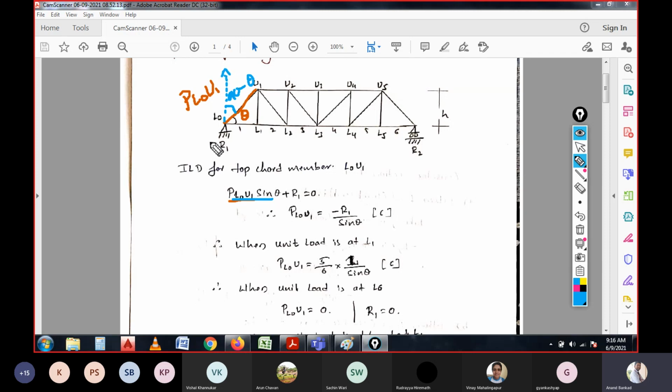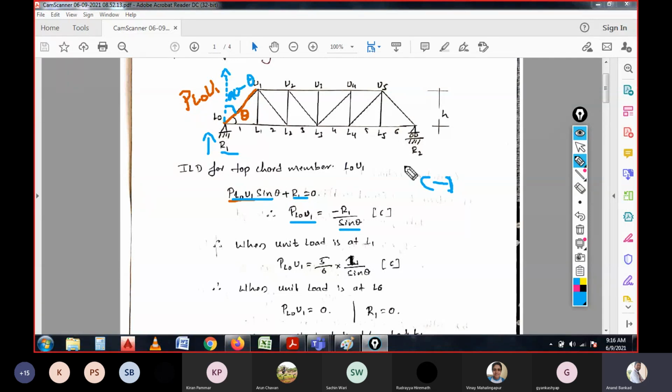And apart from this, we have another reaction over here for the same point, and we can consider it R1. So if you resolve this, P L0 U1 is equal to minus R1 sin theta, dividing with the sin theta. A negative sign will be considered for compression, and a positive sign will be considered for tension. So that means L0 U1 is the member in compression force, having the value of R1 by sin theta.